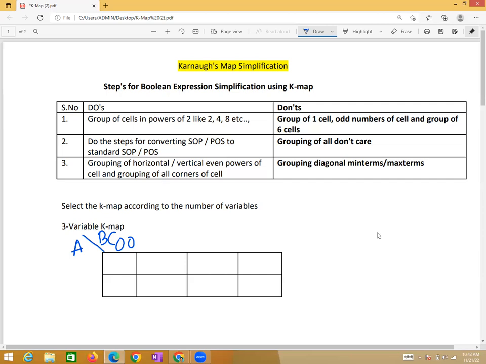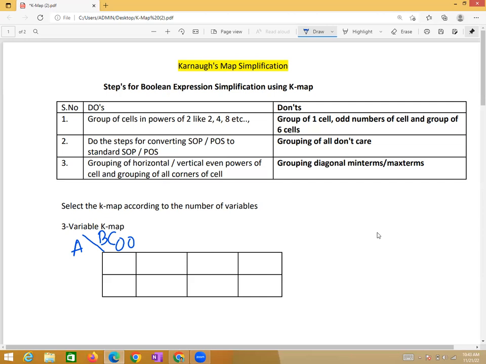If the given question has a standard SOP or POS, only then is it possible to simplify the given Boolean expression using K-map. Otherwise, we need to convert the SOP or POS into the standard form, and then go for the K-map simplification.